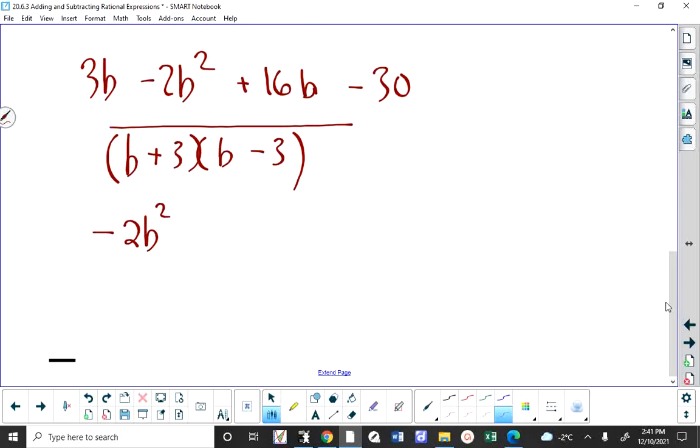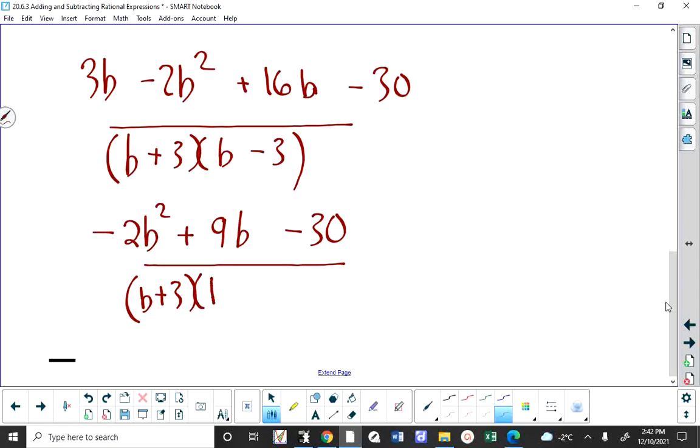There's our quadratic term. There is our linear term. And there is our constant term. It's over b plus 3, b minus 3. 19b.